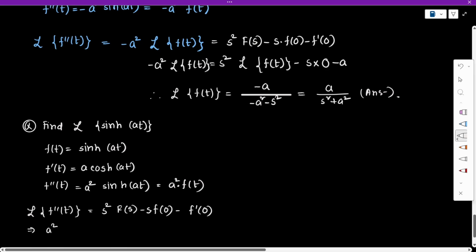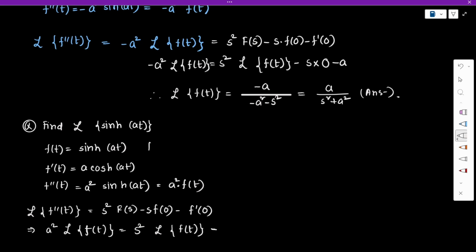So the Laplace transform of a square times f(t) is s square times the Laplace transform of f(t) minus s times f(0). So if we input f(0) here, we all know that the hyperbolic sine is e to the power x minus e to the power negative x divided by 2. So if we input x equals 0, or t equals 0 here, f(0) is going to be 0.